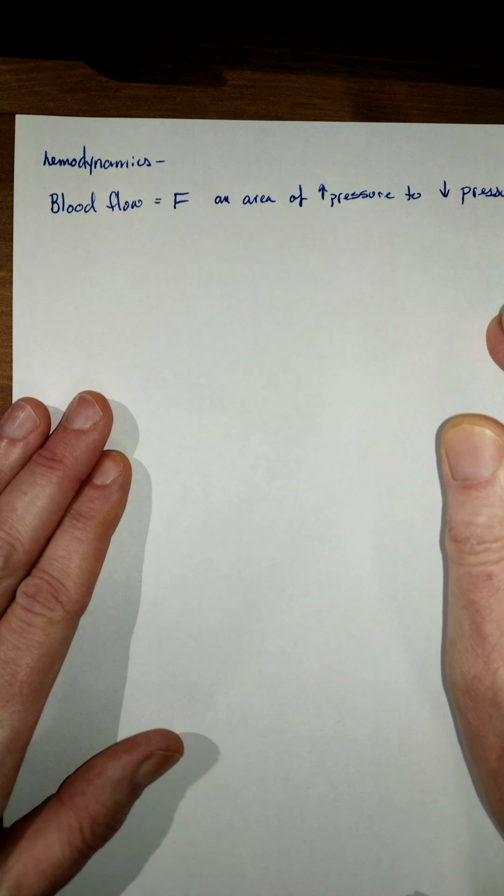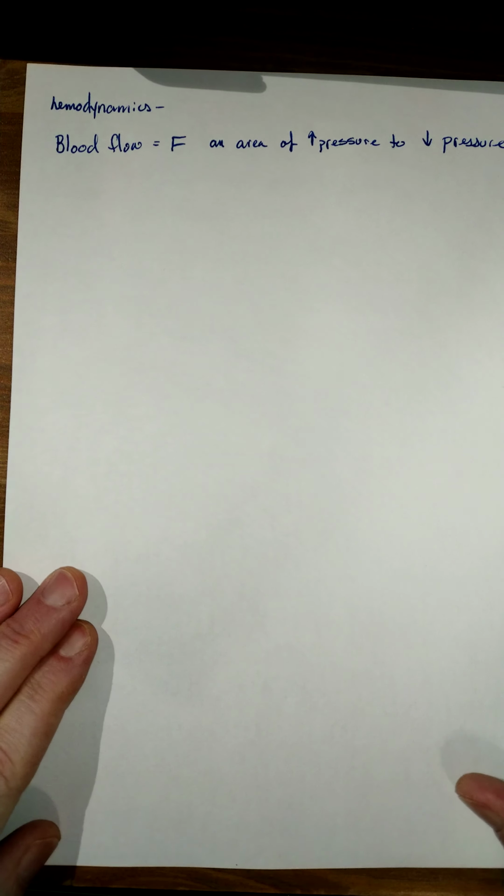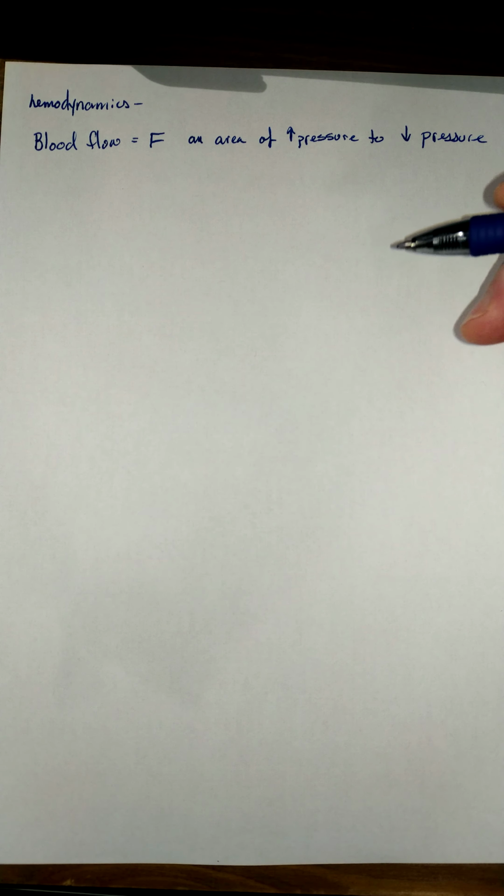So there needs to be some type of pressure gradient in our blood pressure system in our body. The pressure of the blood leaving the aorta is 120 millimeters of mercury, and by the time it returns into the right atrium, our pressure is almost zero at that point. So we have a very large pressure gradient to move blood through.